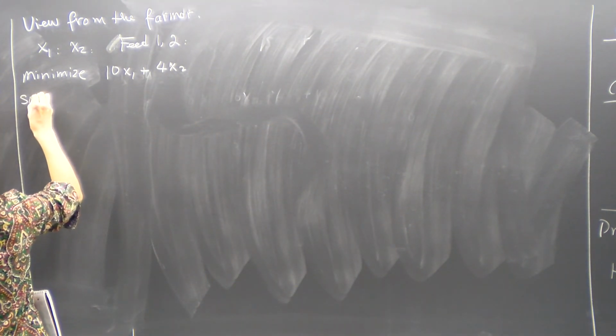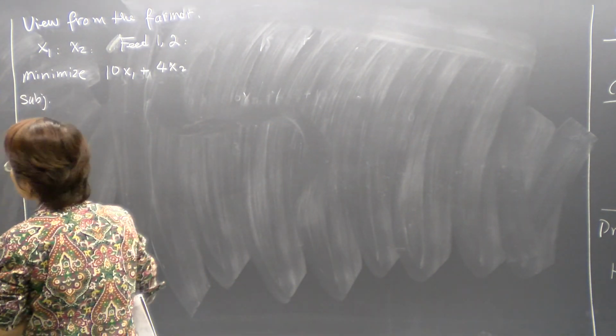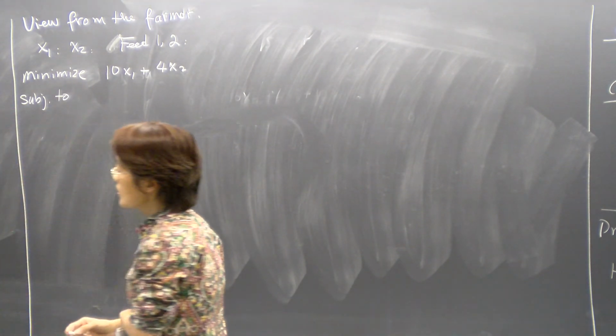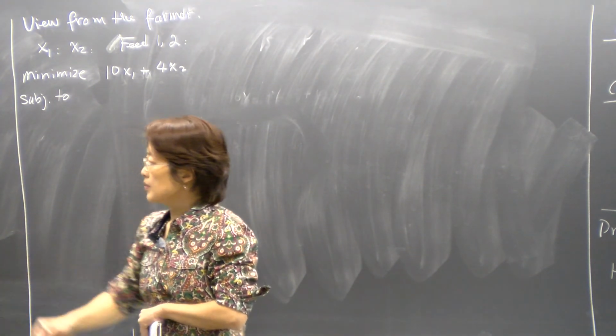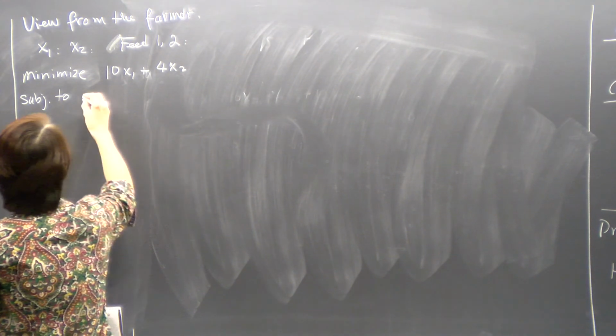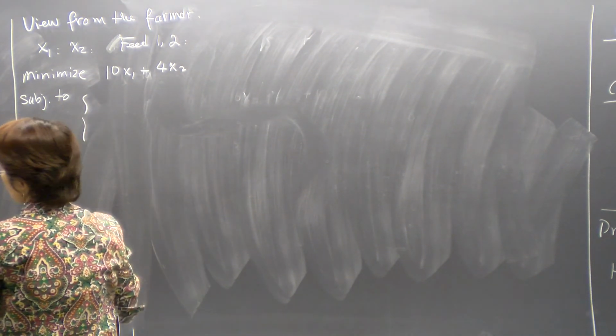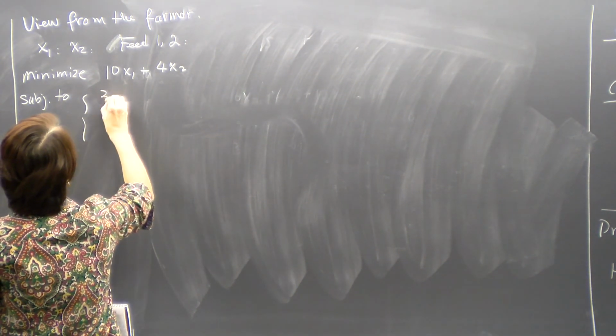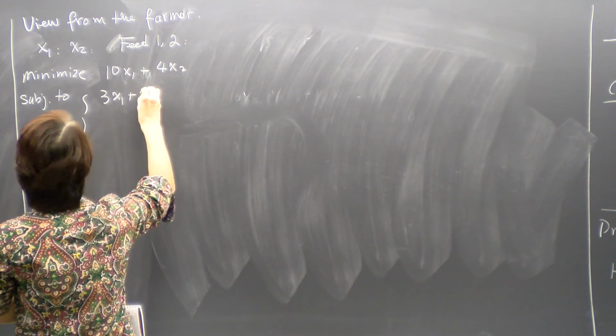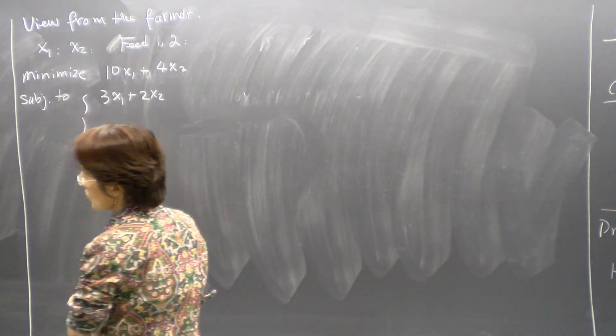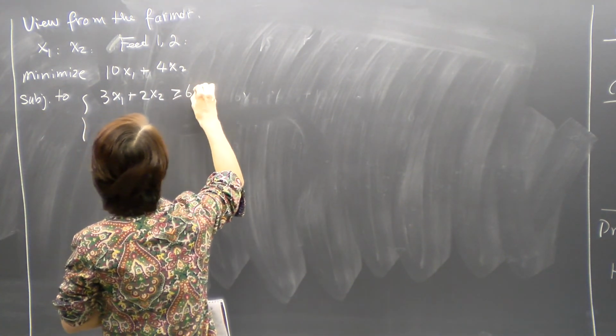Subject to, what's the constraint? Well, the constraint is there's a requirement for the nutrition elements. So for A, 3x1 plus 2x2 has to be at least 60.